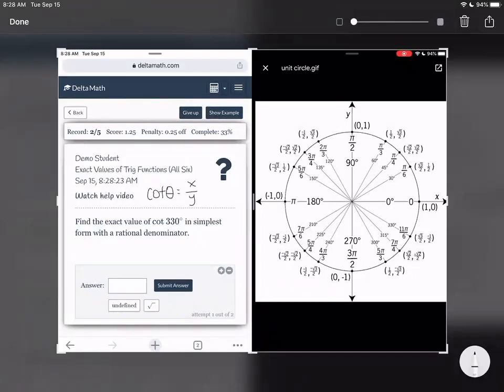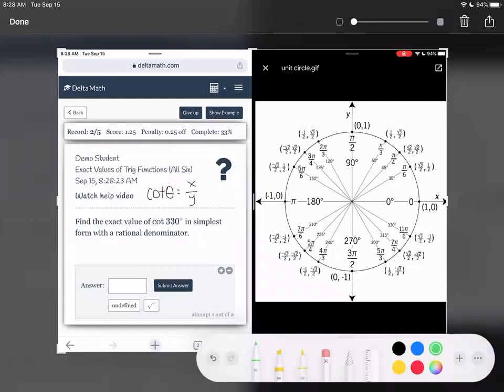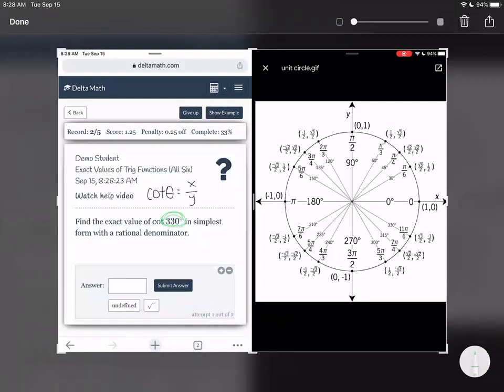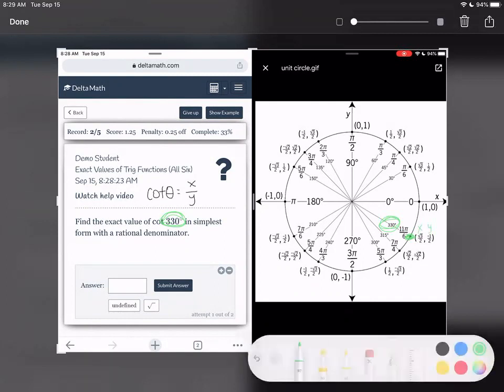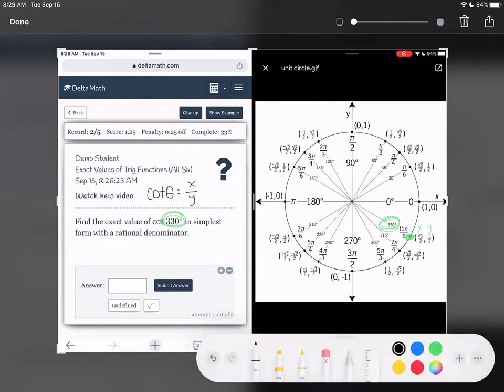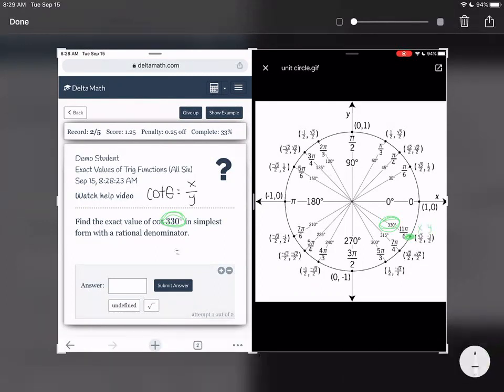So then let's find 330 degrees because that's the angle they told us. I found it right over here. So this is the point we are using. On that point we have our x here and we have our y here. Let's put it together. Cotangent is equal to x, which is root 3 over 2, over y, which is negative 1/2.